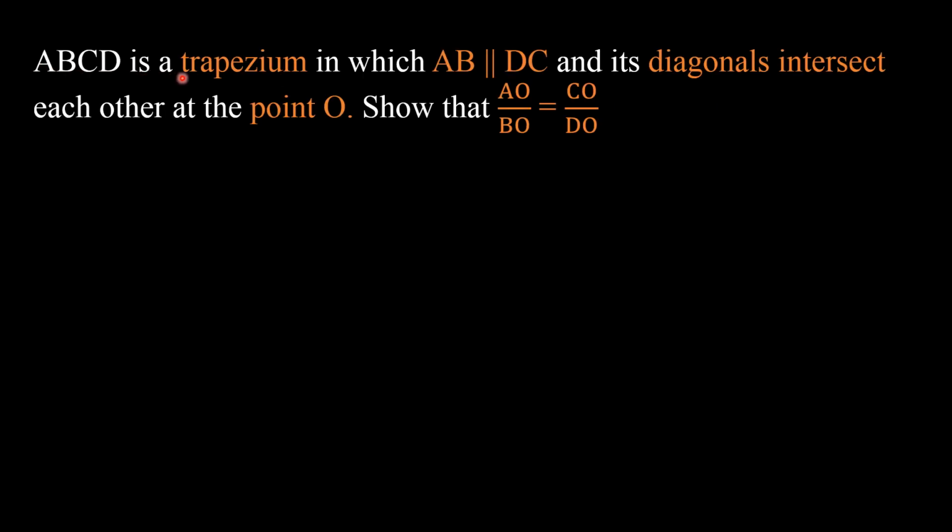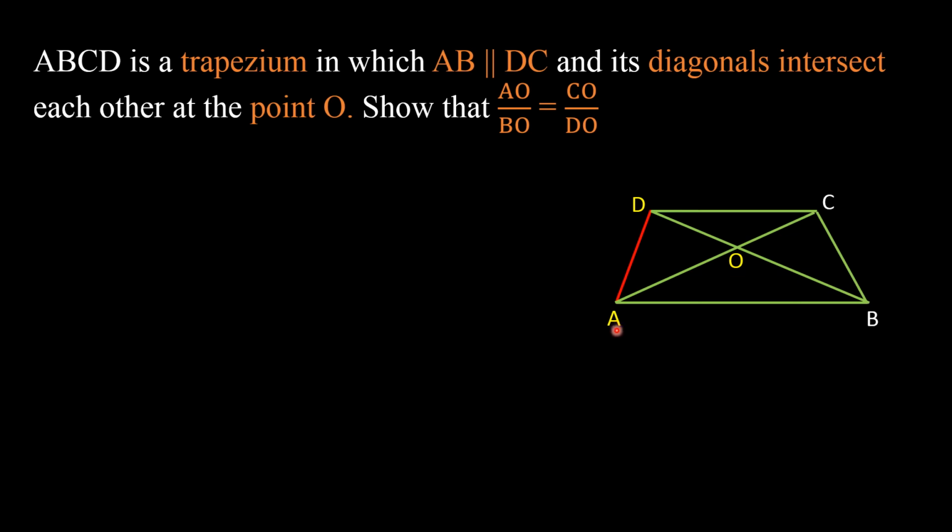ABCD is a trapezium in which AB is parallel to DC and its diagonals intersect each other at the point O. Show that AO divided by BO equals CO divided by DO. Let us draw the figure.